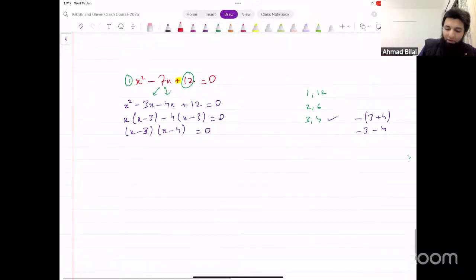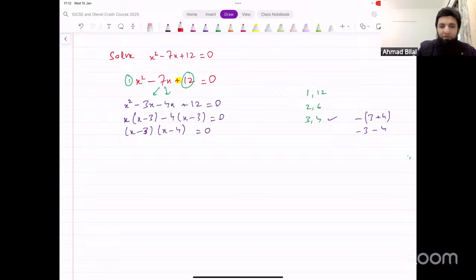Now, what we wanted to do was, we wanted to solve this equation. x squared minus 7x plus 12 equal to 0. Now, solving means we want some values of x. We want x equal to something, x equal to something. Generally, in quadratic equations, we get two solutions. Now, what are the solutions from this? We have factorized the left-hand side already.